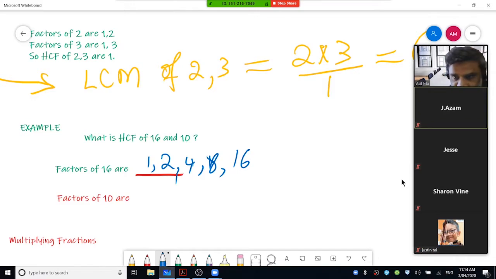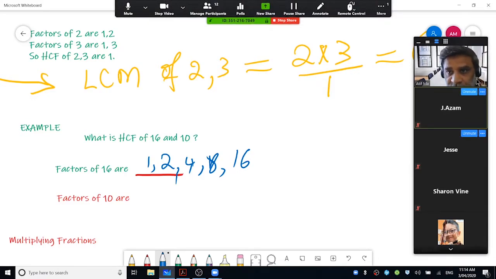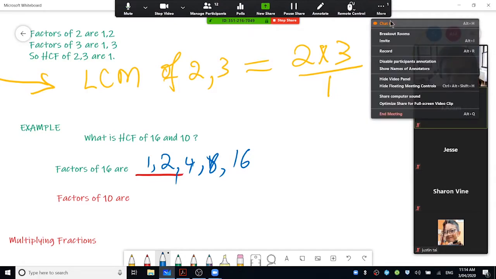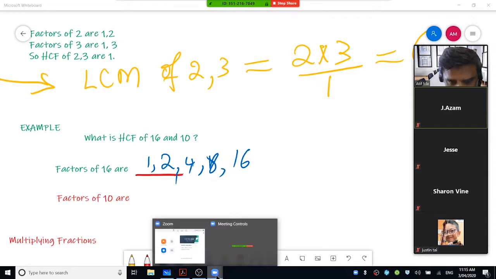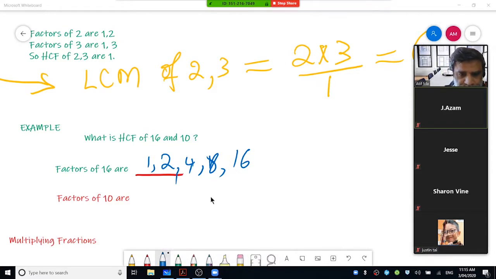And what are the factors of 10? It would be 1, 2, 5, and 10.